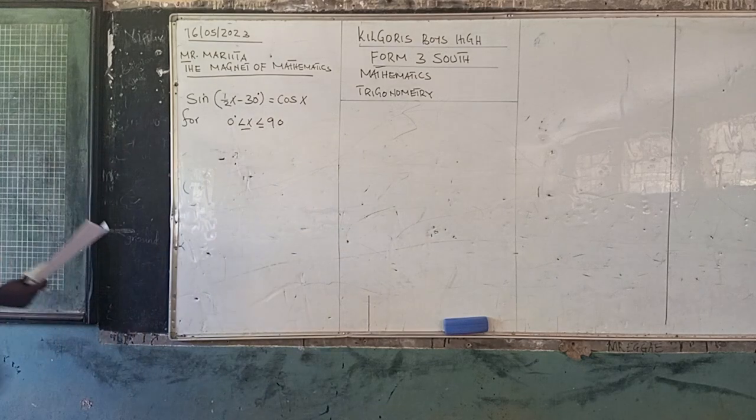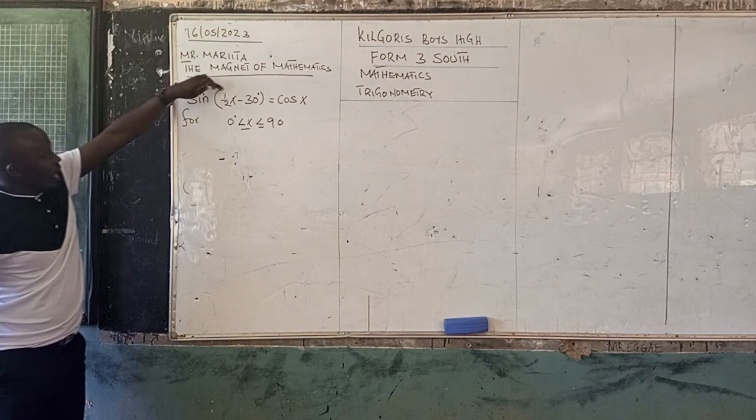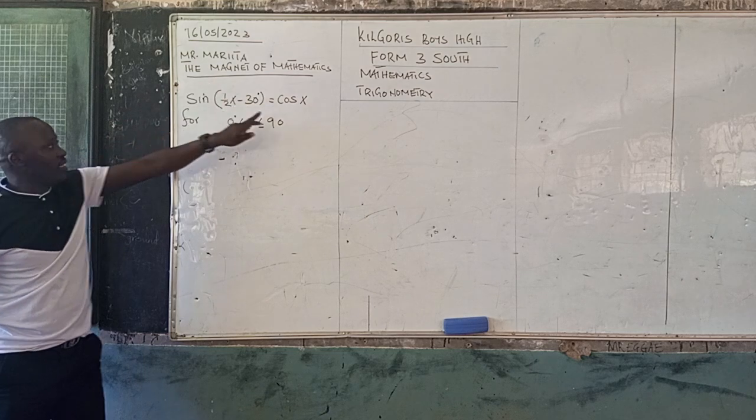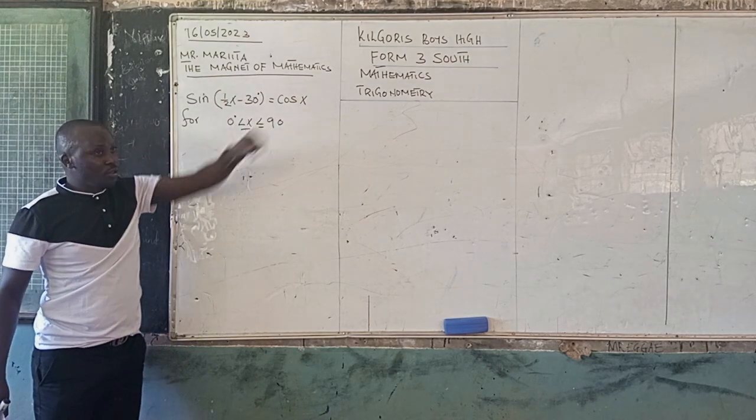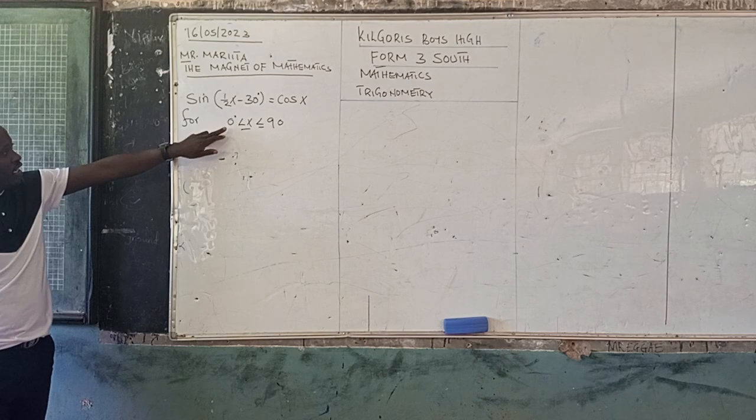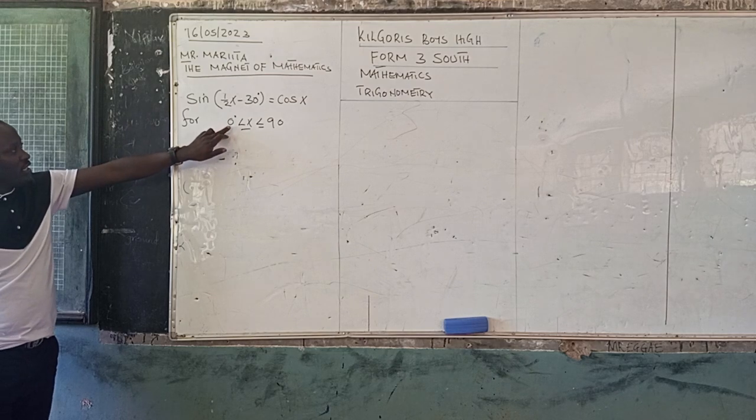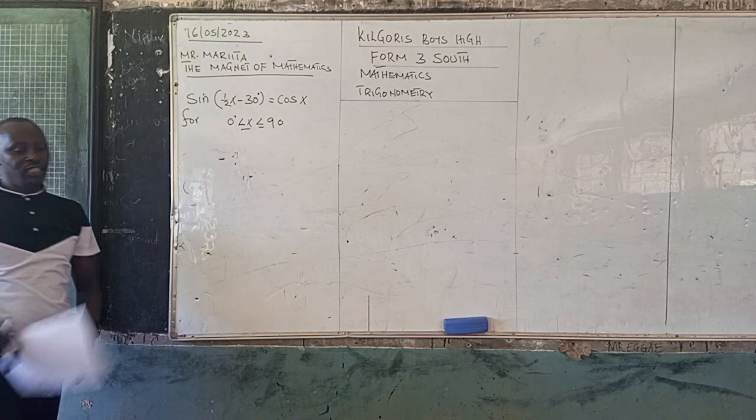So solve for x, where we have a half x minus 30 degrees equals p cos x.